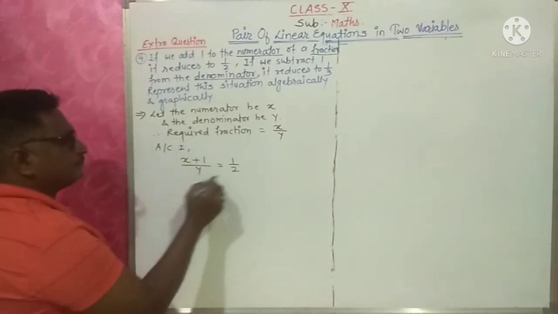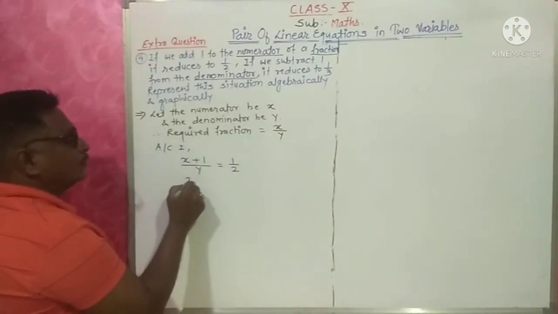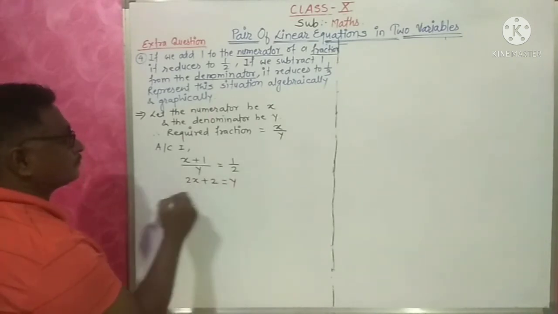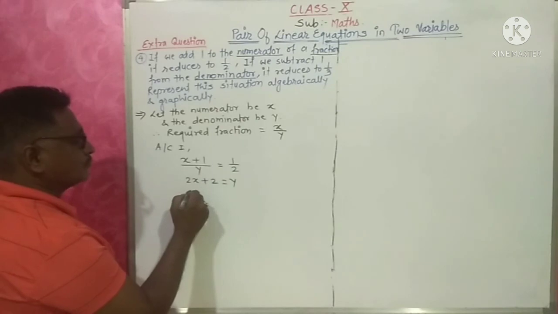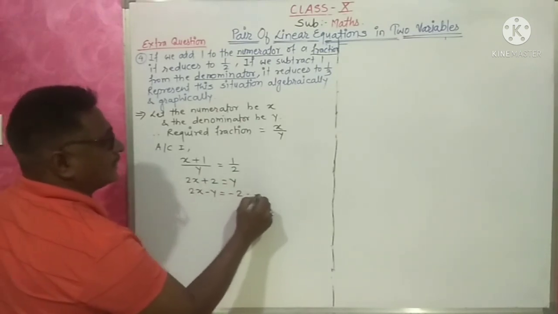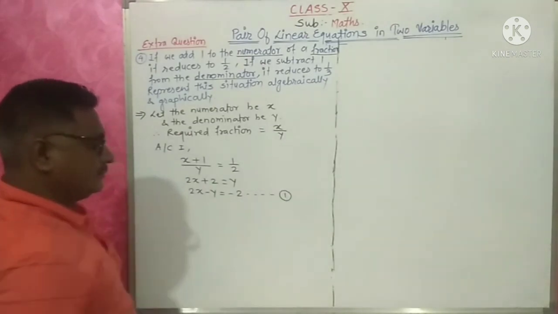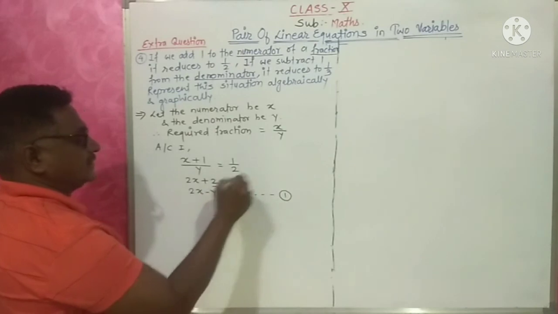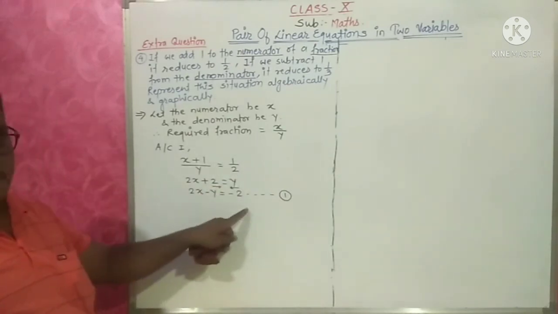Simplify this. So what will we get? 2x plus 2 equals y. So now 2x minus y equals minus 2. Equation 1. This transfer here, this transfer there. Got the first equation.